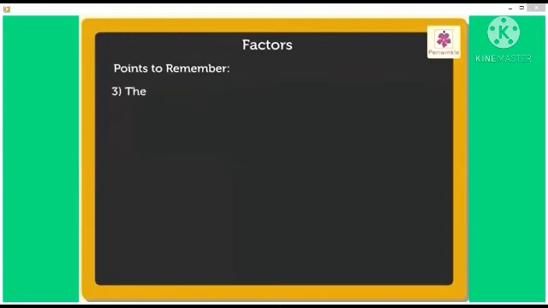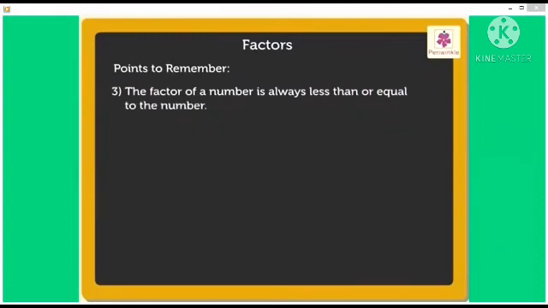Point 3. The factor of a number is always less than or equal to the number. Look at the factors of 12, which we found out earlier. They are 1, 2, 3, 4, 6, and 12.